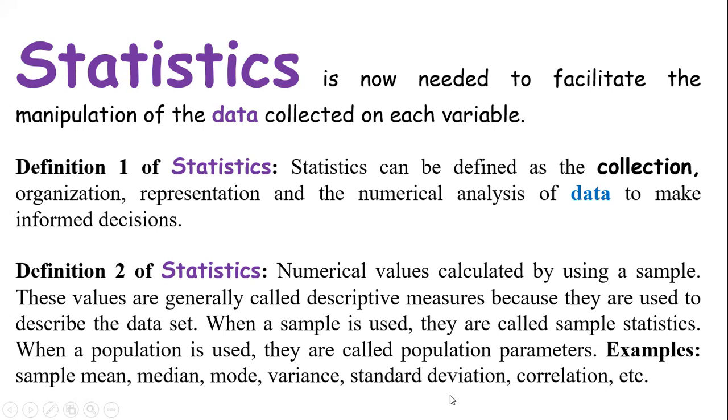Examples of sample statistics are sample mean, sample median, sample mode, sample variance, sample standard deviation, sample correlation. So these numbers calculated from the sample are in turn called statistics. So here you have 2 definitions of statistics. One as a process starting with the collection of data, and the other, the numbers calculated from the sample. These numbers are also called sample statistics.